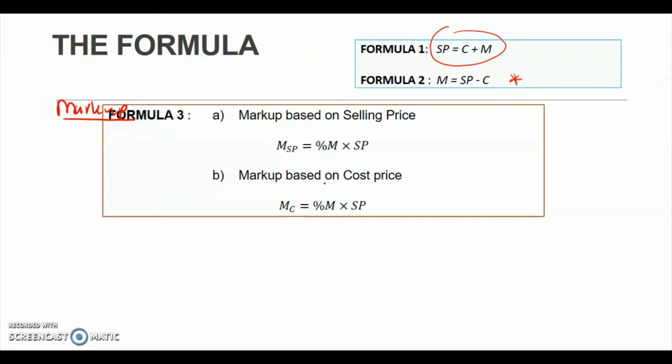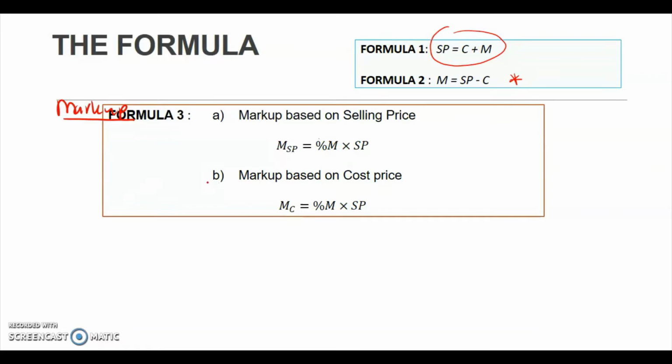The markup amount is sometimes expressed as a percentage, and that percentage is known as the markup rate. So to find the markup amount based on selling price, MSP, the formula is the percentage of markup, or the rate of markup, multiplied with the amount of selling price.